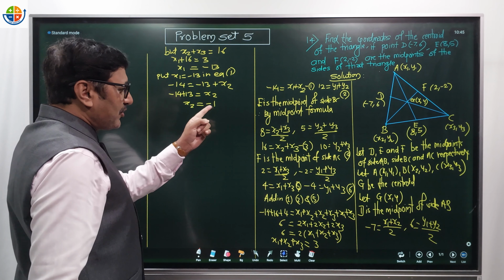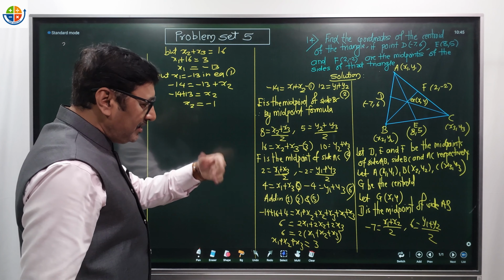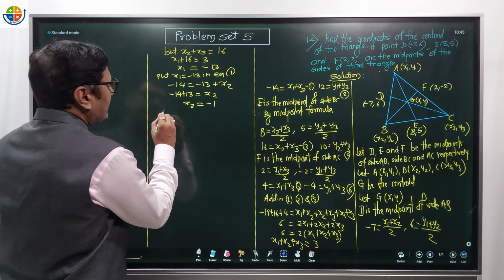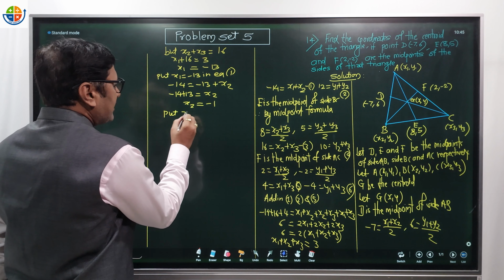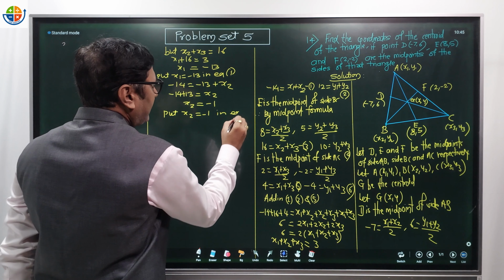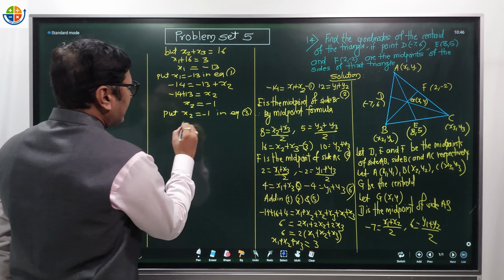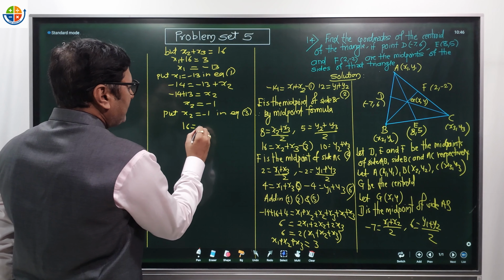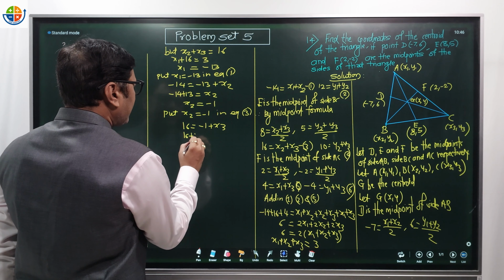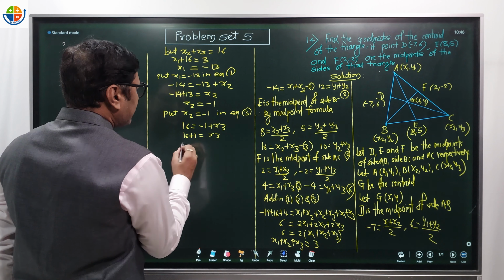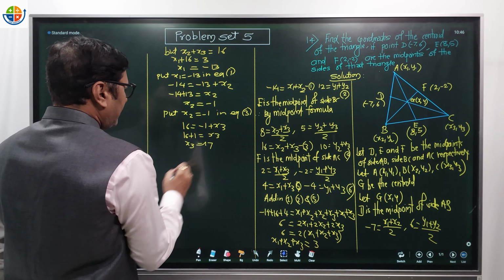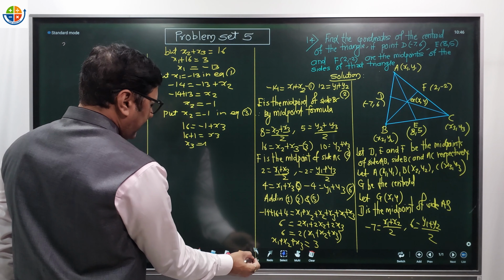Put x2 is equal to -1 in equation number 3. So 16 is equal to -1 plus x3. तो 16 plus 1 is equal to x3. तो x3 कितना मिलेगा बच्चों? 17. ये मिला हमें x1, x2 एंड x3 बच्चों.